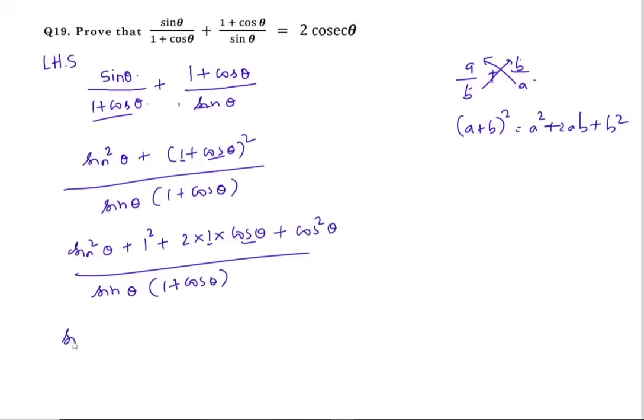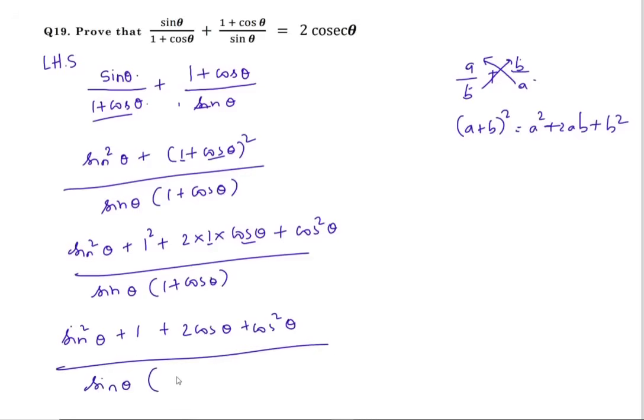Now write as it is: sin square theta plus 1 square is 1, plus 2 into 1 is 2 cos theta, plus cos square theta, divided by sin theta into 1 plus cos theta.